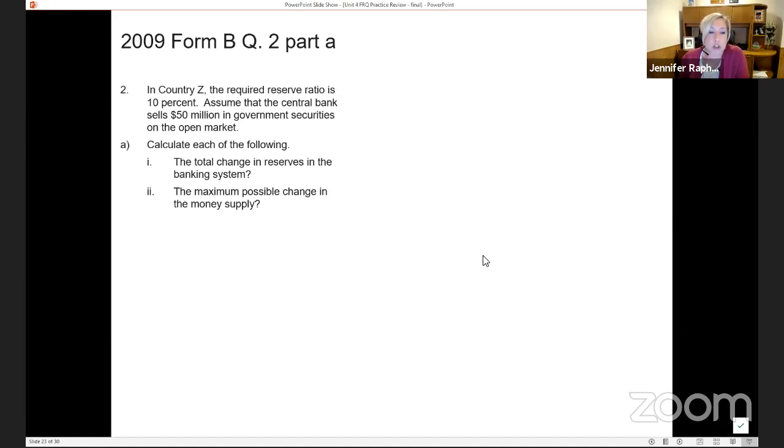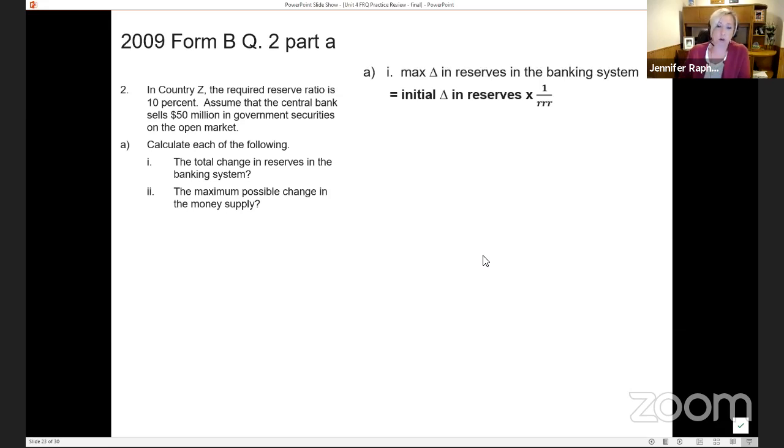So what you want to do is understand it this way. The maximum change in reserves in the banking system is equal to the initial change in reserves times the reserve requirement ratio. So the total change in reserves in the banking system is going to be equal to the amount of deposits coming out of the banking system in this case.